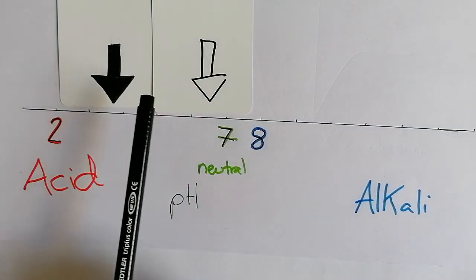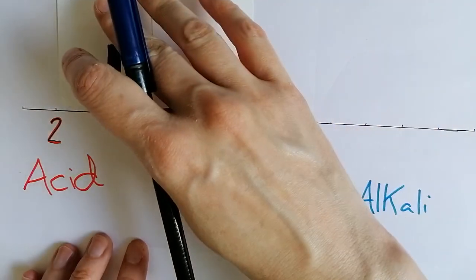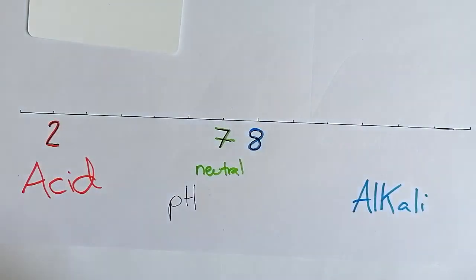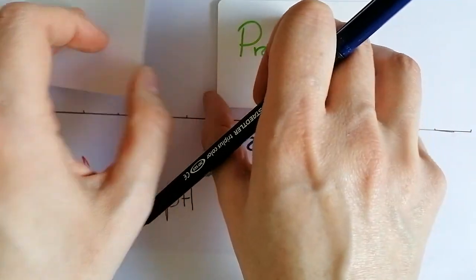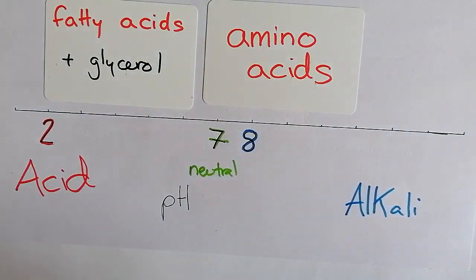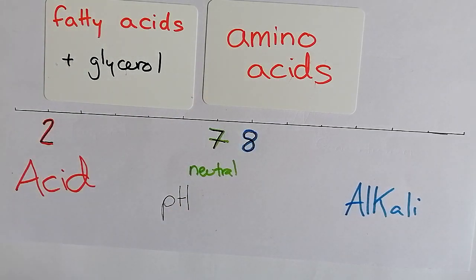It had got further, a bigger change, more digestion in the same amount of time. So, proteins and fats can be broken down, and when they are broken down, they release acids. And we can use that acid digestion, so the acid being produced, to track how the enzyme reactions are taking place.